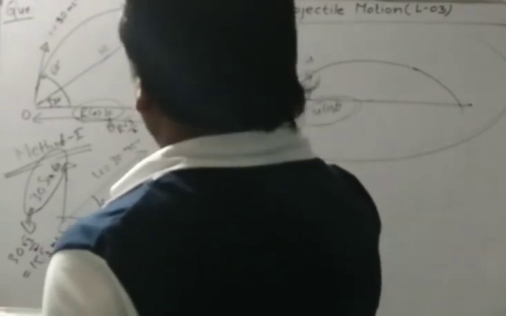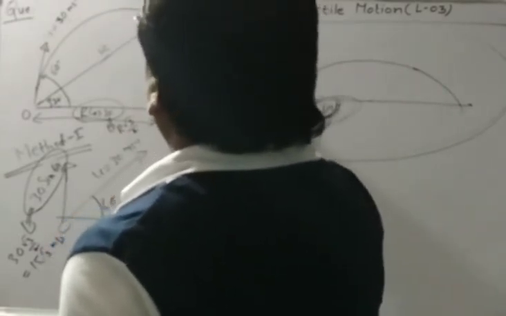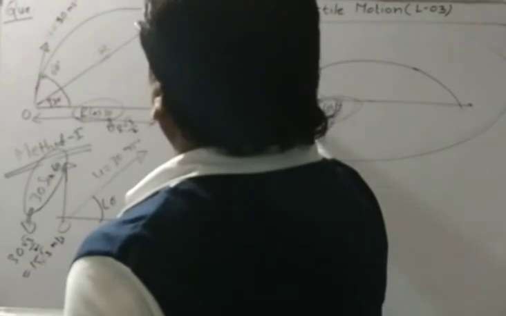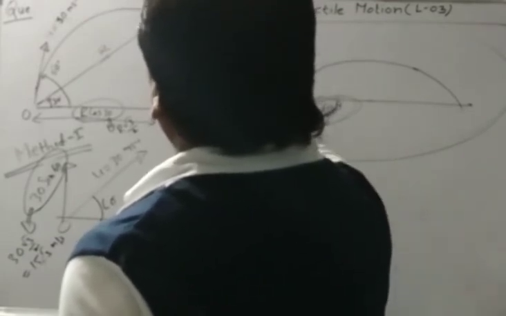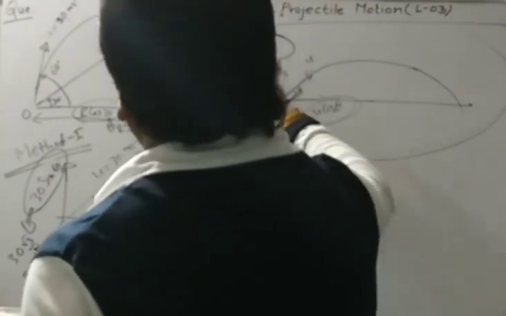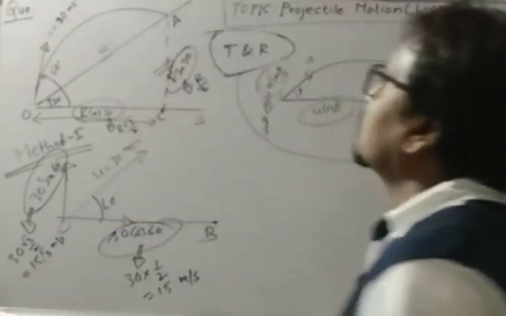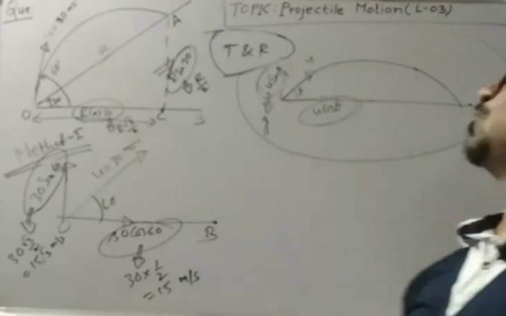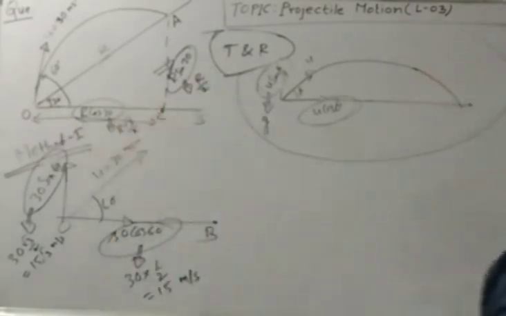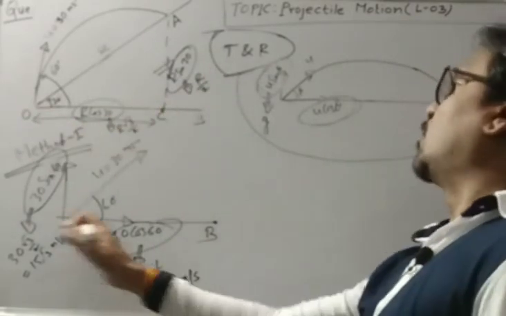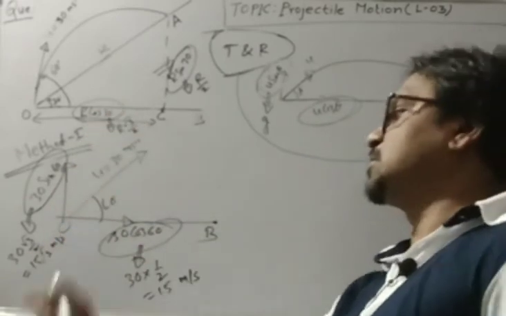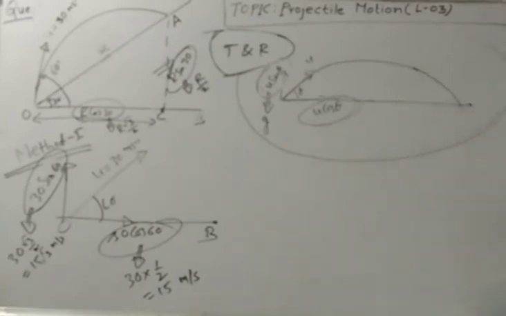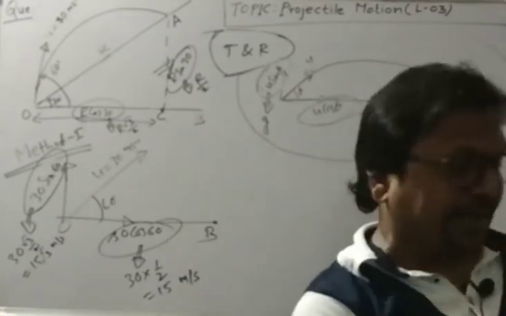And what about this AC? AC is r sin 30, which is r by 2. Okay, dear. So this length AC is r by 2 and OC is r root 3 by 2, and the horizontal component of velocity is 15 meter per second and the vertical component is 15 root 3 meter per second.